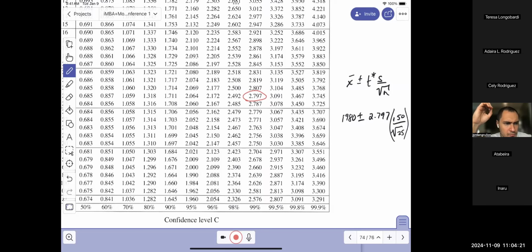So you're dividing 150 by 5, which is 30. So this is how you get it. And so that's your margin of error, your M.